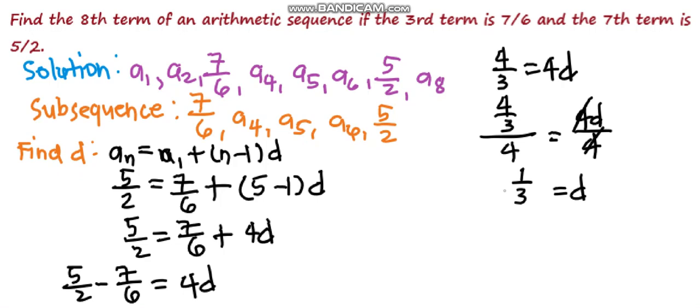Now, diba sabi natin, maghanap tayo ng subsequence kanina. Since we find D na, hanap tayong subsequence na may first term, tapos ang last term ay si A sub 8. So, para mas madali, O, you consider ito. Ito na lang. Sige, we follow the process kanina para mas generalize.